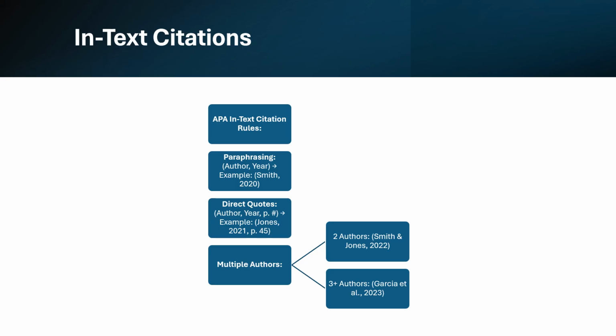For sources with multiple authors, use an ampersand for two authors, such as Smith and Jones, comma, 2022. For three or more authors, use et al. after the first author's name, like this, as you see below, Garcia et al., 2023.